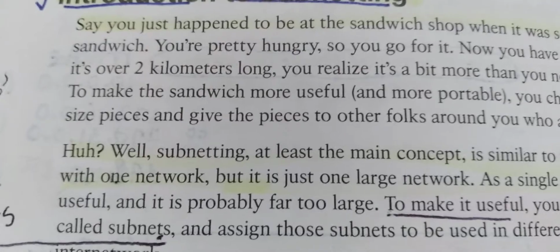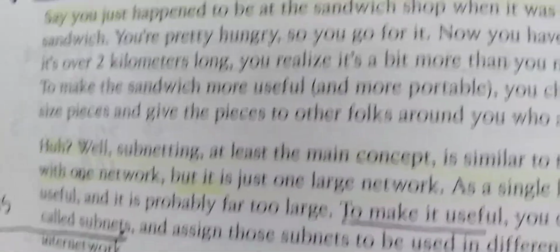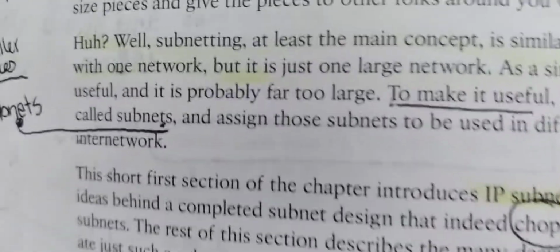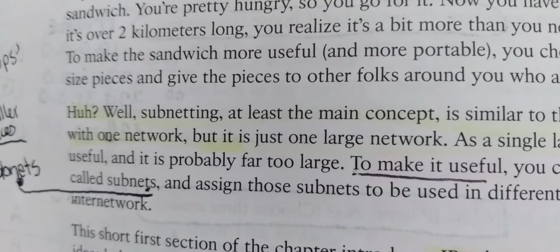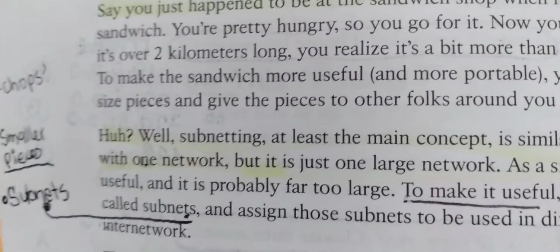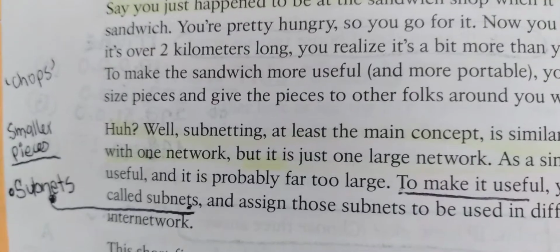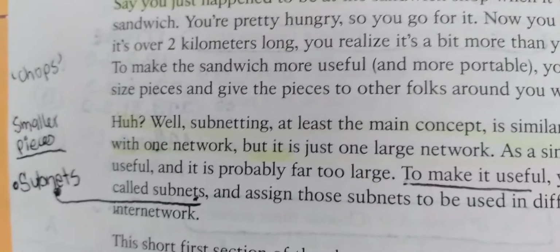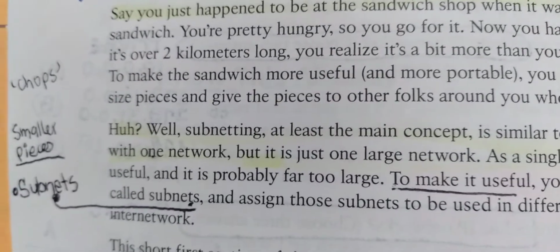Well, subnetting, at least the main concept, is similar to this sandwich story. You start with one network, but it is just one large network. As a single large entity, it might not be useful, and it probably is far too large.